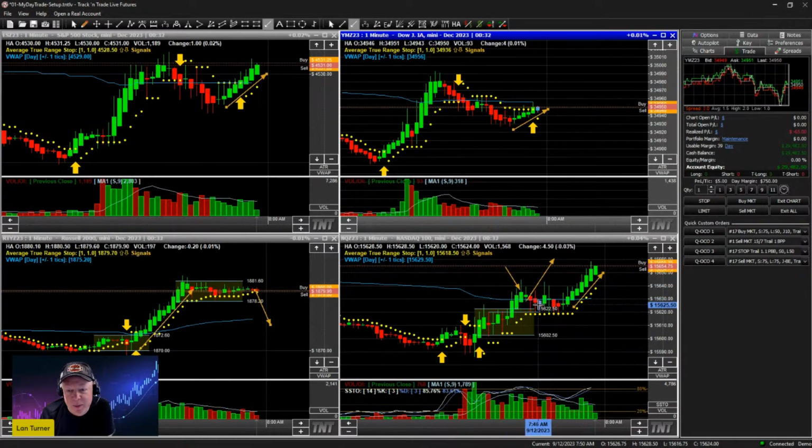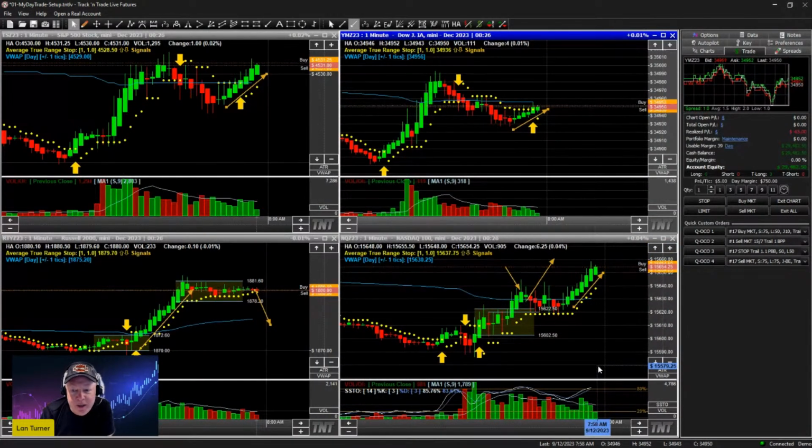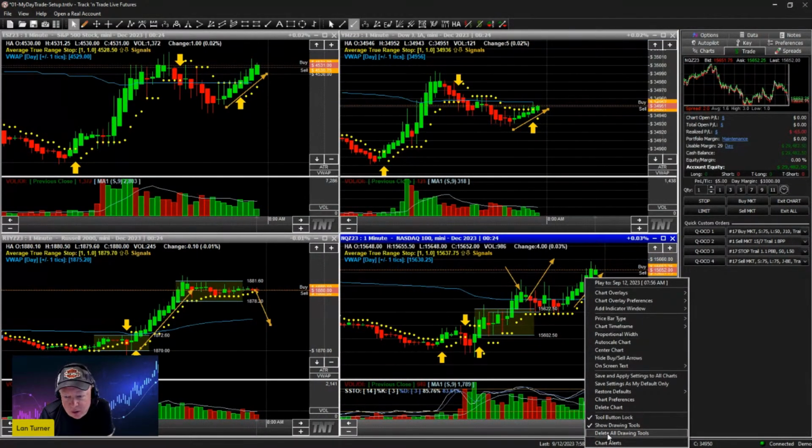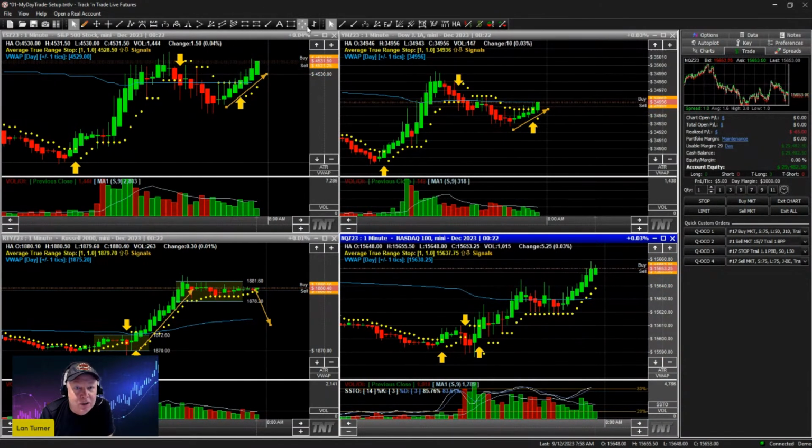So we have this little pattern right here on the 1 minute chart. Let's get rid of this drawing tool. I'm going to draw a circle around it right there. See this pattern on the 1 minute chart?